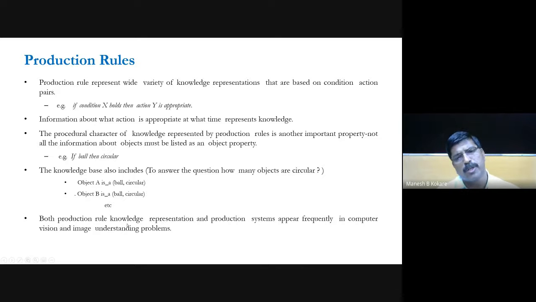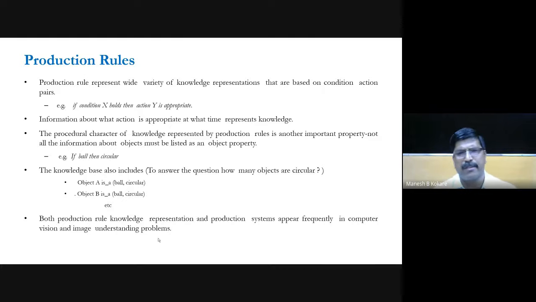Both production rule knowledge representation and production systems appear frequently in computer vision and image understanding problems. Here the expert's knowledge is very important, because from the given facts you are taking some action or deciding something. This is a higher level representation of the knowledge.